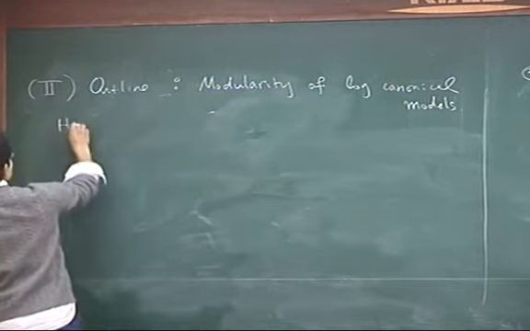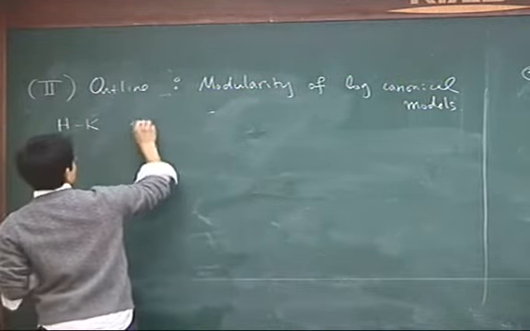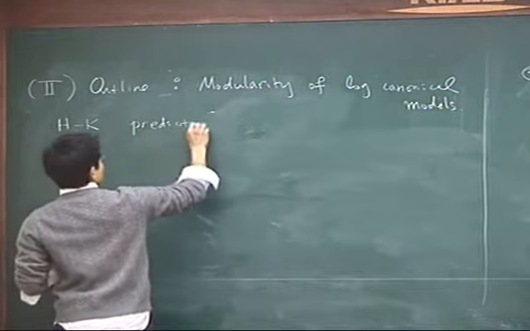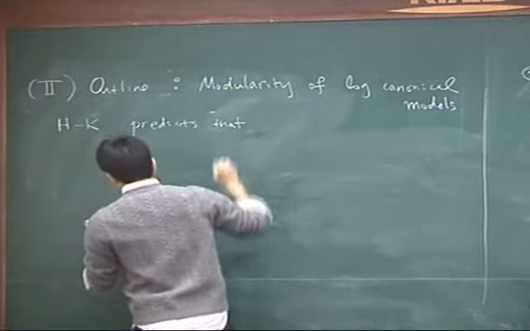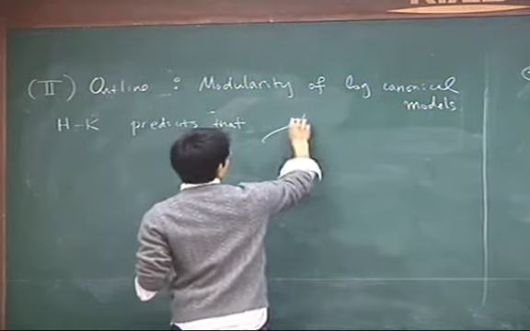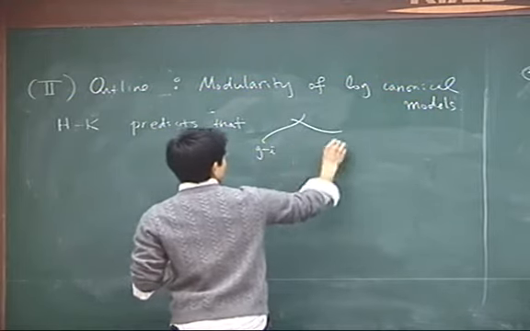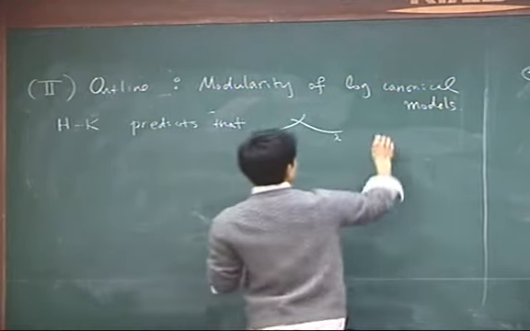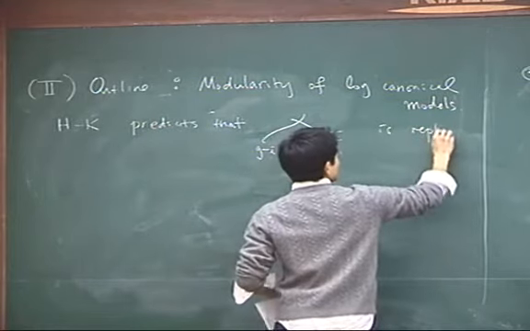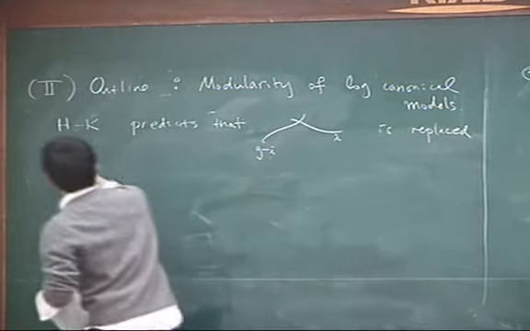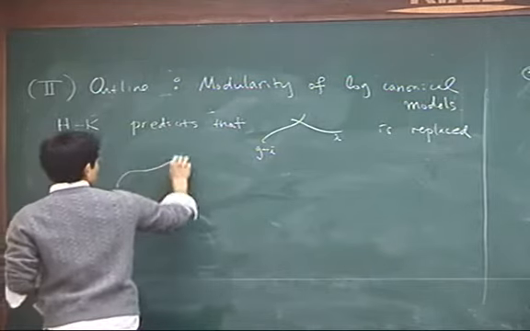So Hassett-Keel principle predicts that as you run this minimal model program, this guy is replaced by a curve of that form.